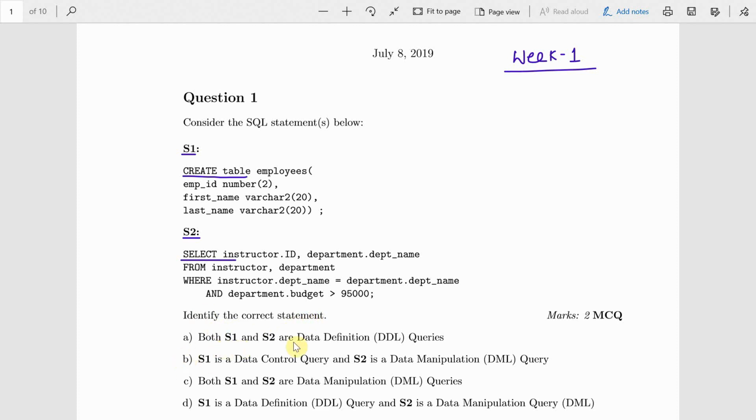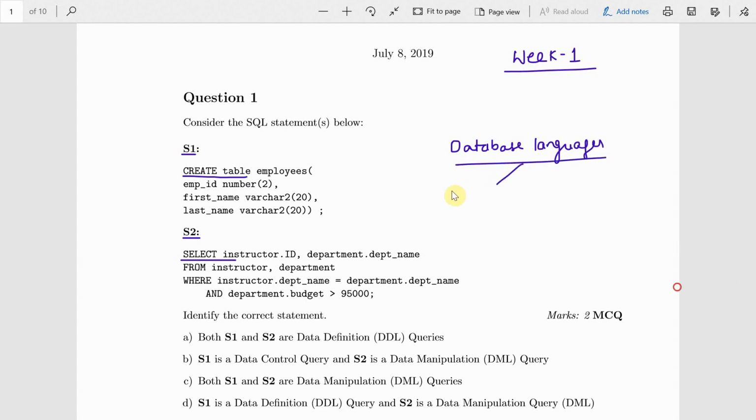Options are given. Both S1 and S2 are data definition language, and by looking at these options, it is to classify what kind of statements they are: data definition and data manipulation language. So first we should know we have two types of database languages.